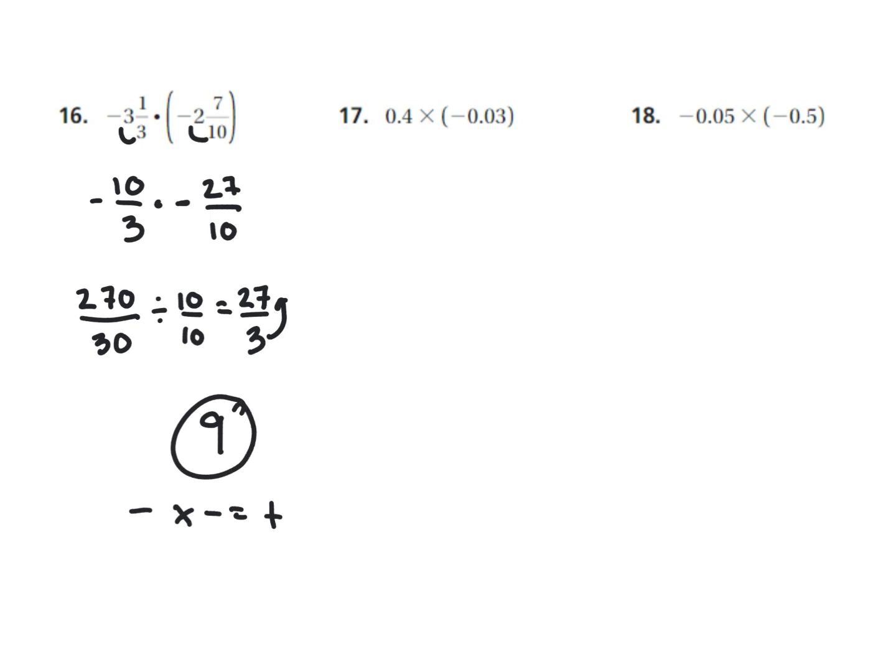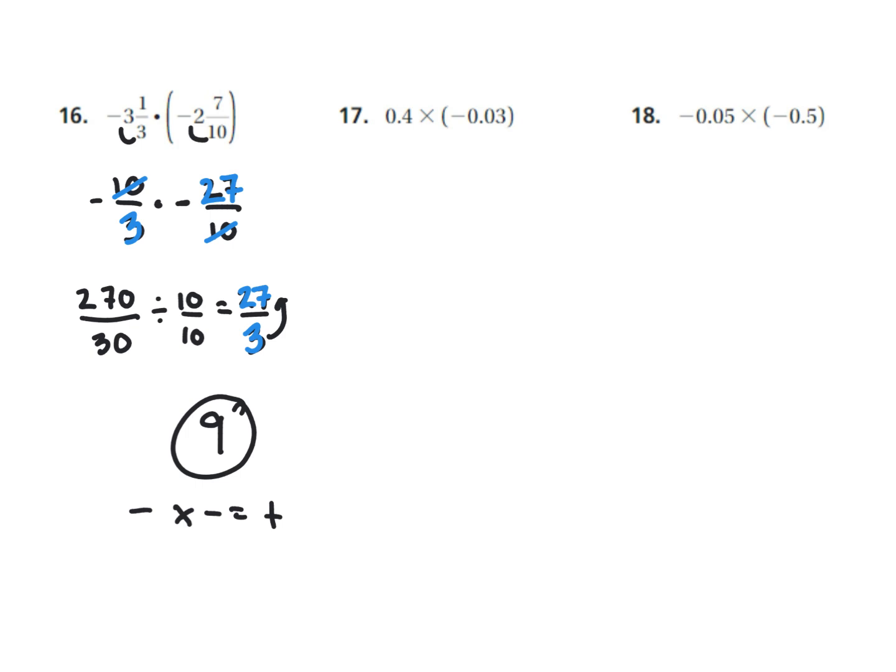Those of you who simplify right away, you probably noticed that there was a 10 over 10, and 10 divided by 10 is just 1. So you could have jumped to your 27 thirds right away. And you could have then just divided 27 by 3 to get your 9.